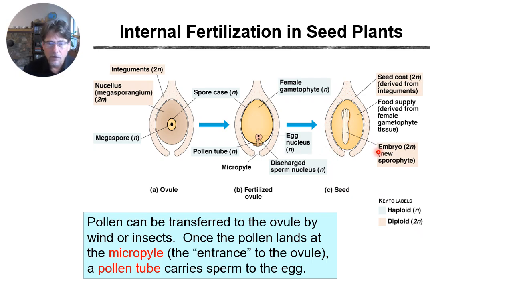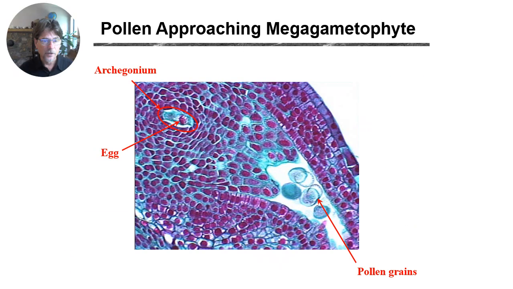That's the new sporophyte, and the seed will enter a stage of dormancy. The embryo, as it's growing, will be fed by the female gametophyte, or the megagametophyte, which serves as the nutritive tissue. All of those things together are the steps that were necessary for seeds to evolve from plants that use the so-called spore habit for reproduction.